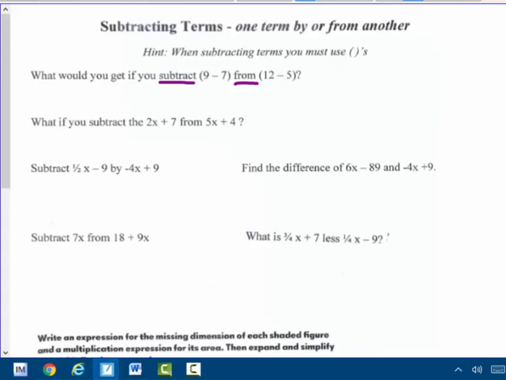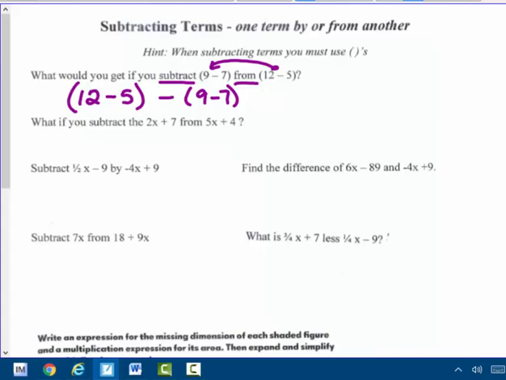Subtracting 9 take away 7 from 12 take away 5, that 12 take away 5 comes first. And you're subtracting 9 take away 7 from it. So these switch order, that's what I mean. When it's two words, the order of the numerical part switches.